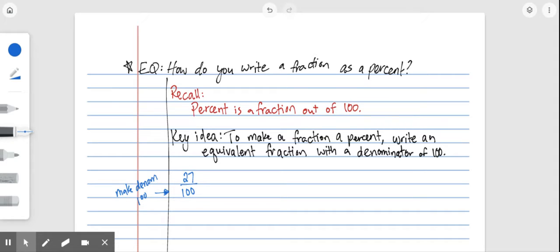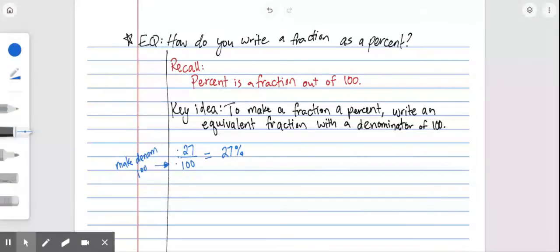It's already 100, which means this fraction is set up to be a percent. This fraction says 27 out of 100, or 27 100ths, is the same as 27%. This one is already ready to go. It is a percent written as a fraction.